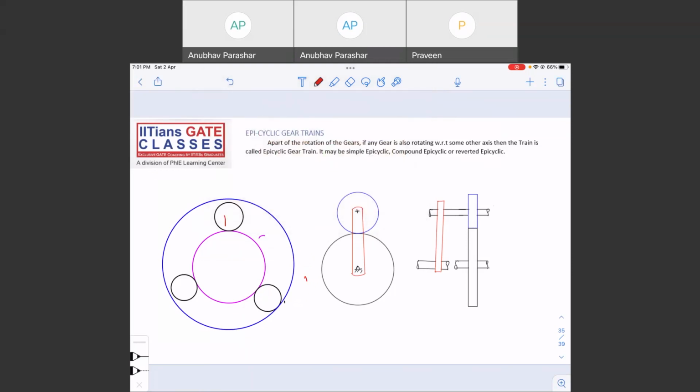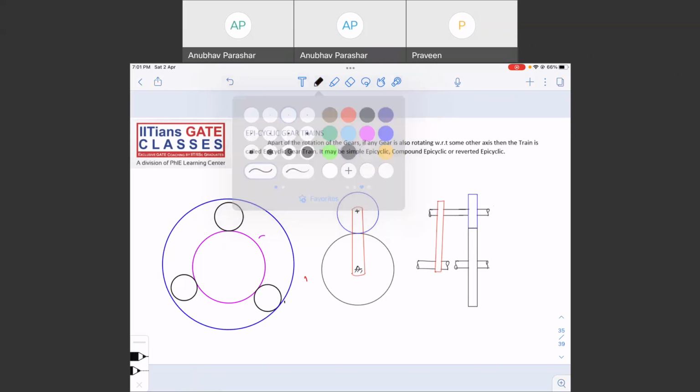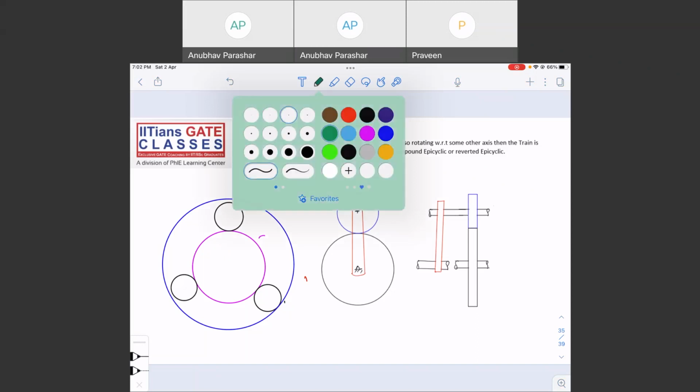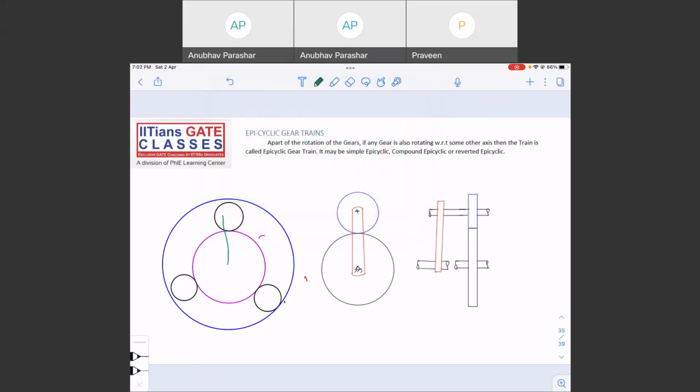The inside gear is a different color. The green color is the arm. The smaller gears are the planet gears.